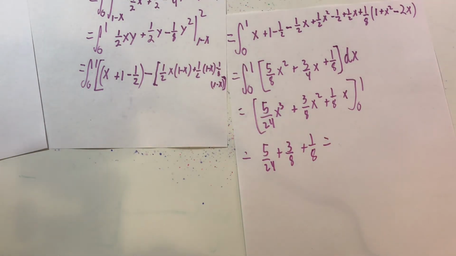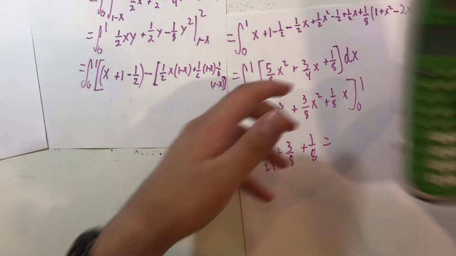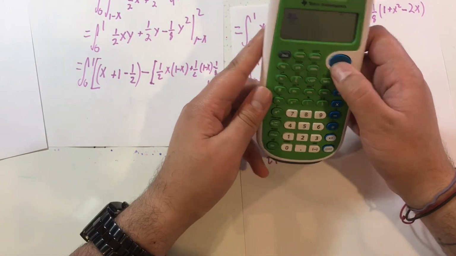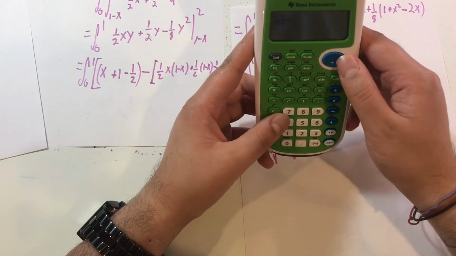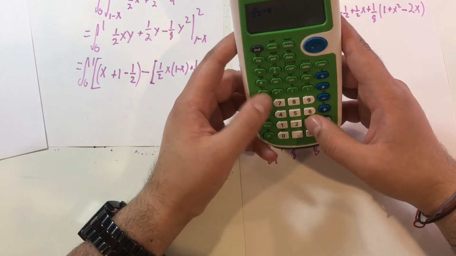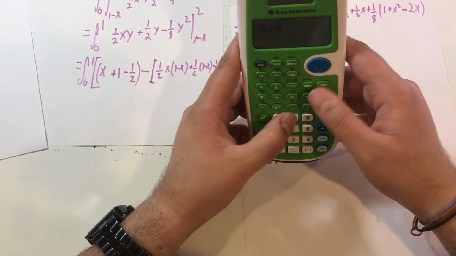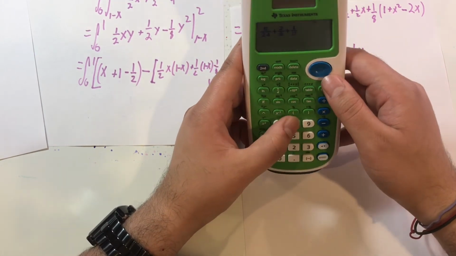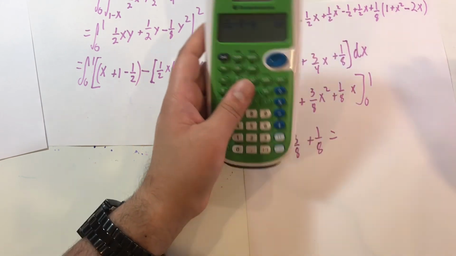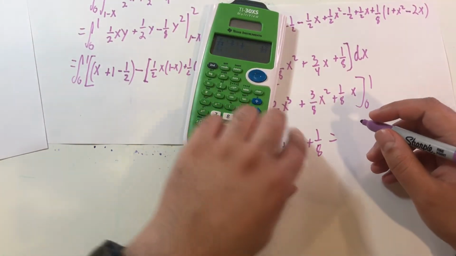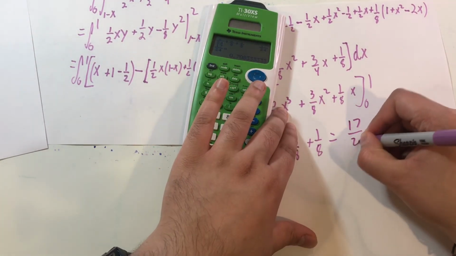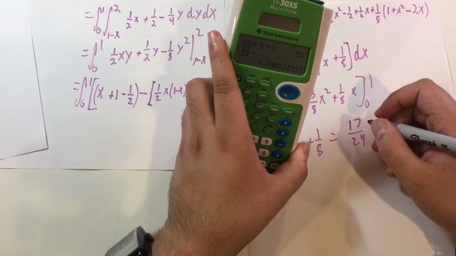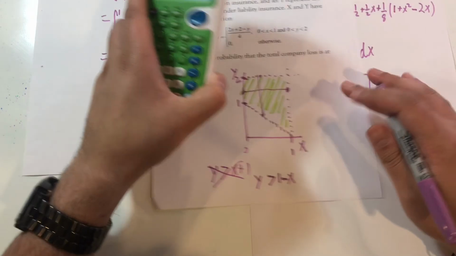Grab the old TI 30, and that becomes 5 over 24 plus 3 over 8 plus 1 over 8. 17 over 24. And that's 0.708. Rounds to answer choice D.